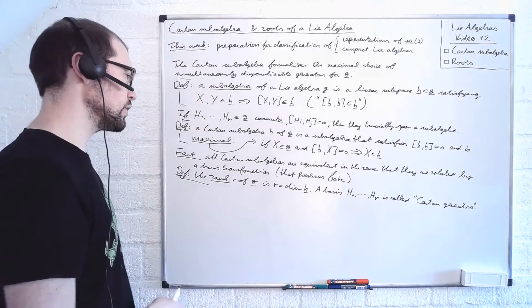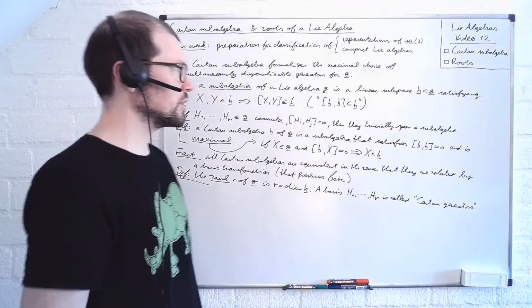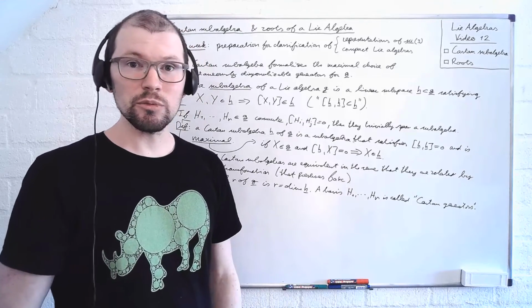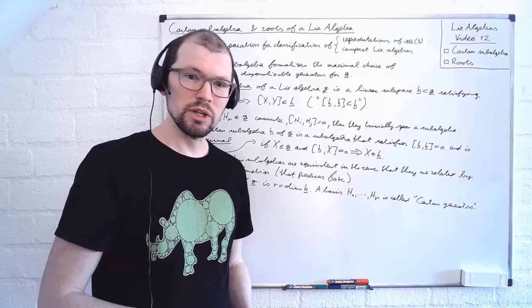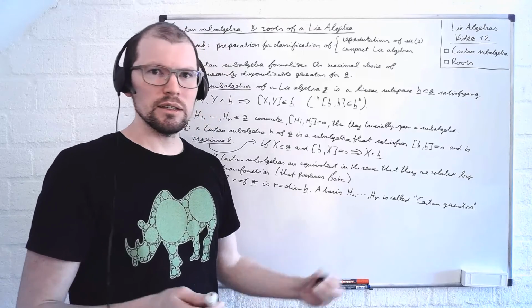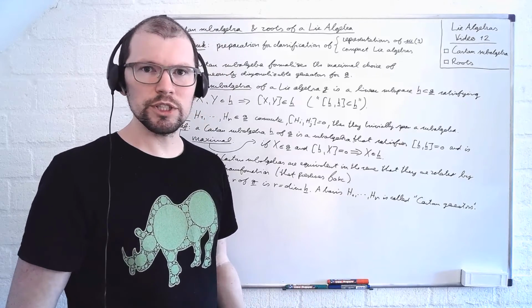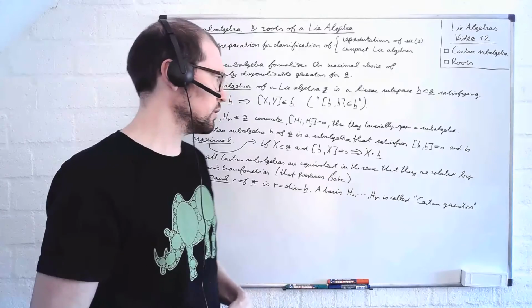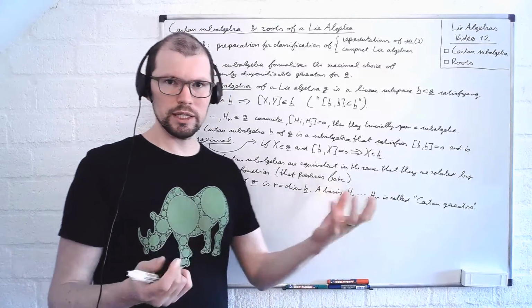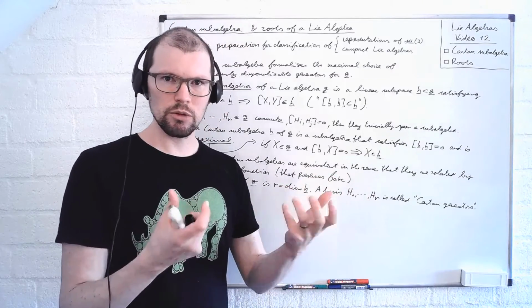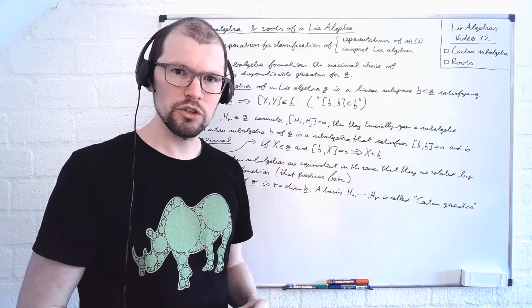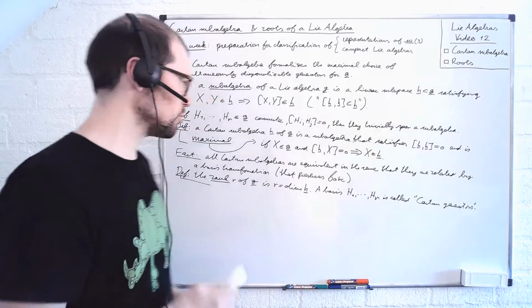And not only that, we also like to work with raising and lowering operators, as we did in SU2, and they are neither skew Hermitian nor Hermitian. They are given by a linear combination with some complex coefficients. So they're not actually part of the Lie algebra.